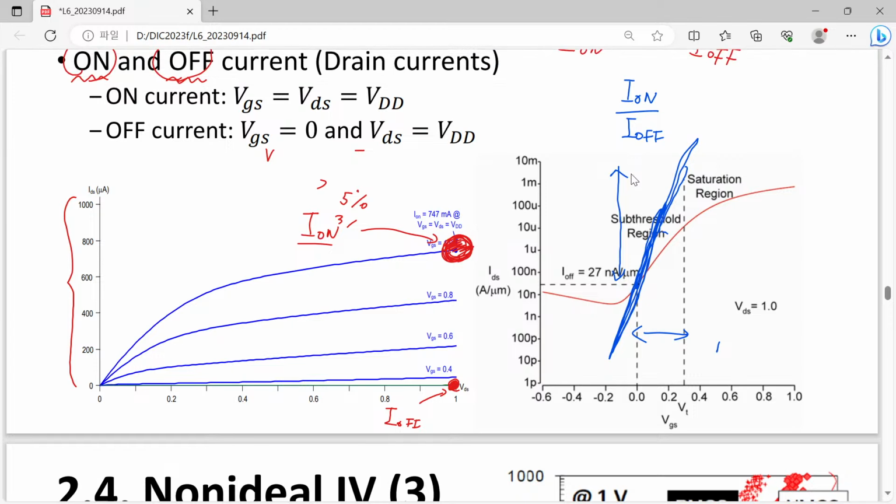That can be asked by students, but unfortunately, this slope is set by nature. So we cannot make a steep slope. There is a given limitation.